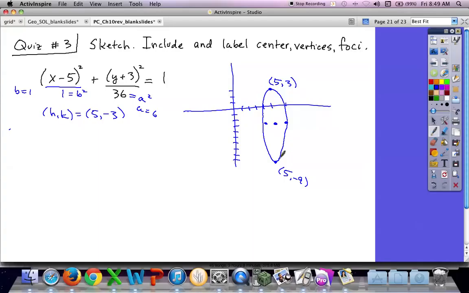And then last is we need the foci, right? Where generally are the foci sitting inside of the ellipse? Right, they're along the major axis in between the center and the vertices, somewhere here and here. Okay, how do we figure out exactly where they are? What's the equation we use?